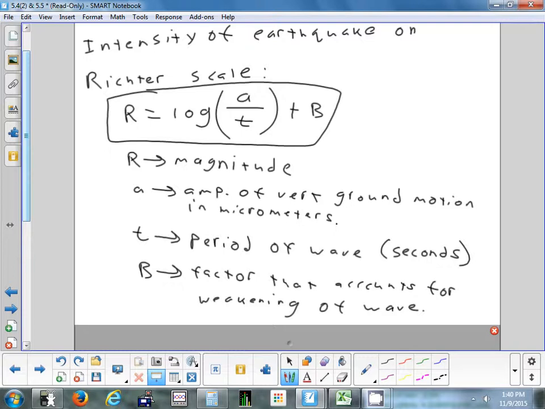And the same thing happens in dirt. You get that wave, and depending on if it's a mountain or bedrock or loose sand, that factor changes. So that's our formula for the Richter scale. And it's a logarithmic formula, which we'll see what that means in a second.